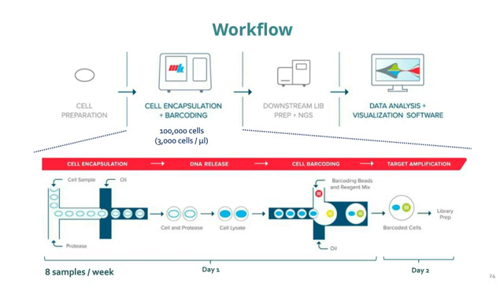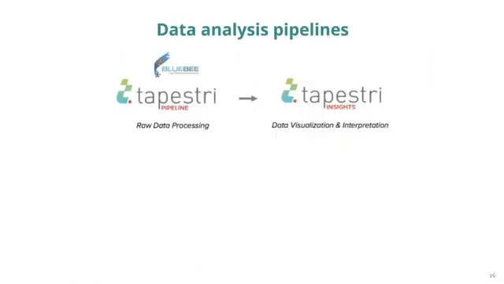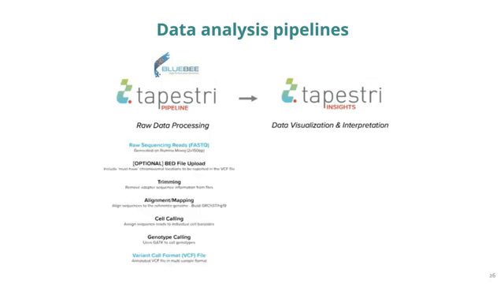Then after the sequencing, for the data analysis part, Tapestri also provides 2 software packages. The first one, which is for the processing of the raw data, integrates with a high-performance genomic platform, Bluebee. And what it does is the trimming of the reads, alignment, cell calling, and genotype calling. And it provides several output files, including quality metrics, a cell report, and the most important file, which is the list of annotated variants.